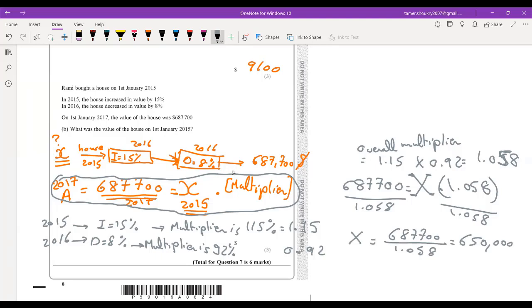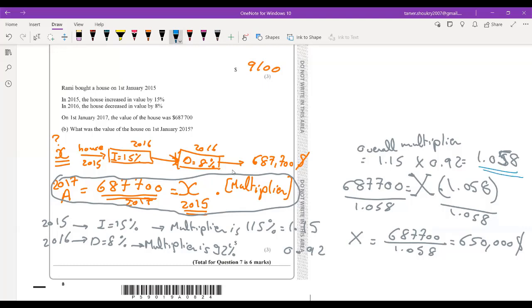So the price of the house was 650,000 in 2015, and then it increased by the end of 2015 by 15%, and then it decreased by the end of 2016 by 8%. So the overall multiplier was 1.058.